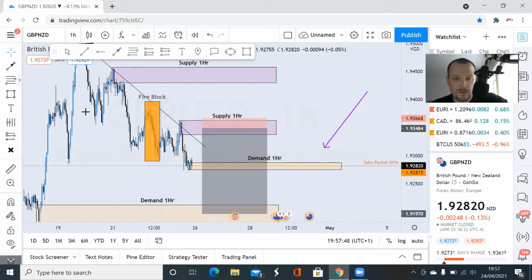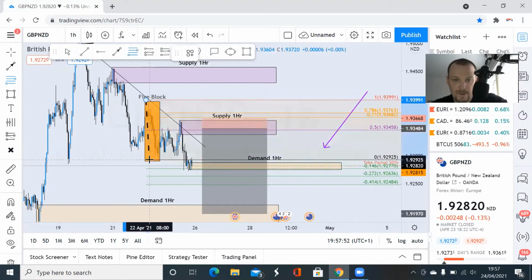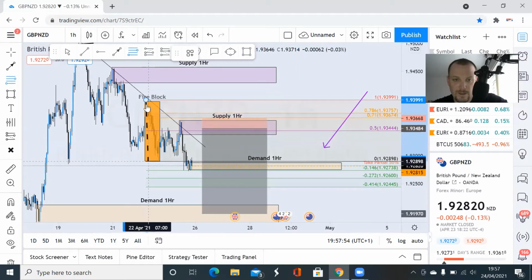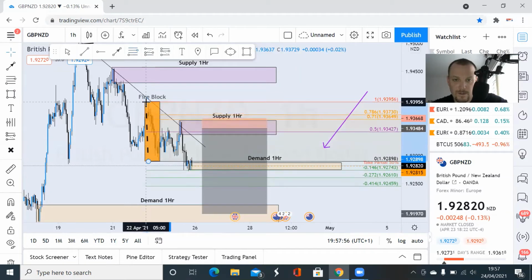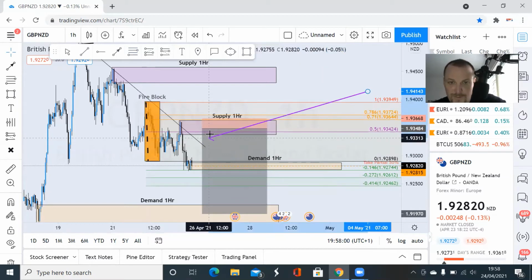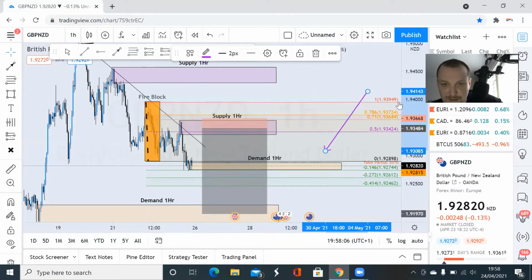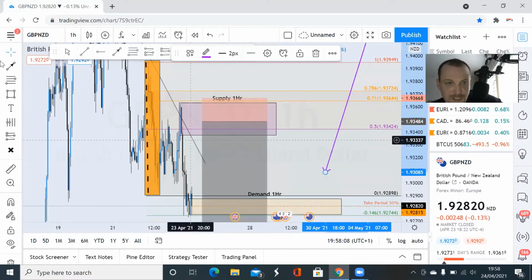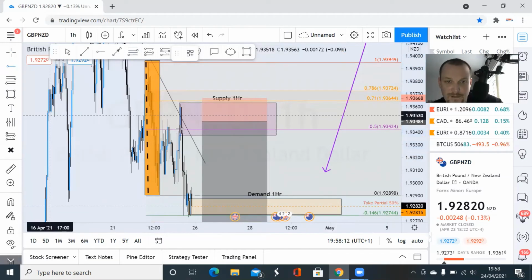We're just going to go on to the 50% of that fire block. Okay. We'll be waiting for the retracement to come up. The 50% is more or less mitigating into the 25% area. Okay, you see this line here? We'll mark this out. And again, guys, I don't make this stuff up.